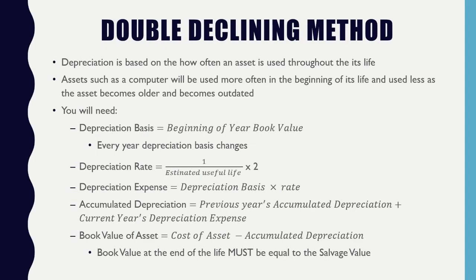So when we talk about the accelerated or double declining method, how we're calculating this is that we are looking at an item, or a fixed asset, that we tend to use very frequently or more often in the beginning of its life. For instance, technology.